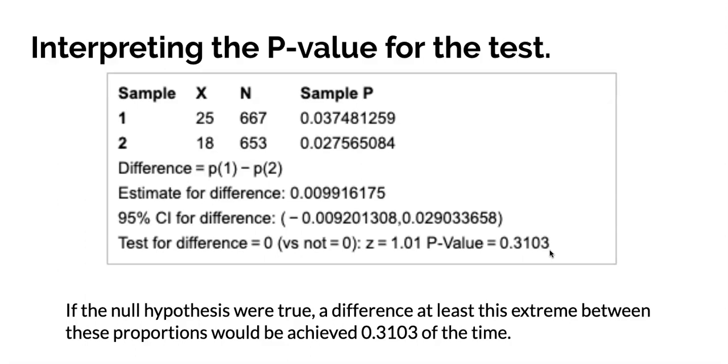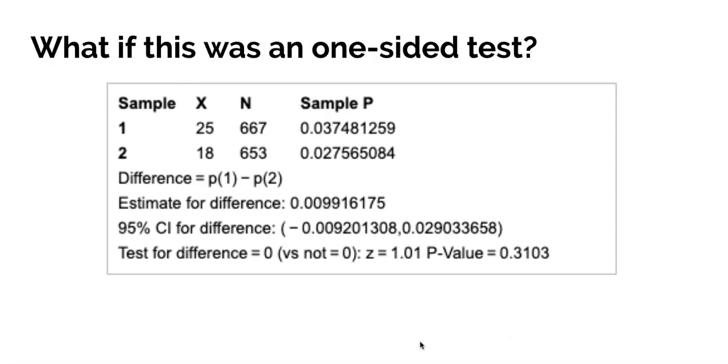So the probability of seeing such different proportions in these samples is about 31.03% just by chance. And that's way too high. That's not strong enough for us to say that it is highly unlikely. So that's why we're going to say we failed to reject in this test for difference.